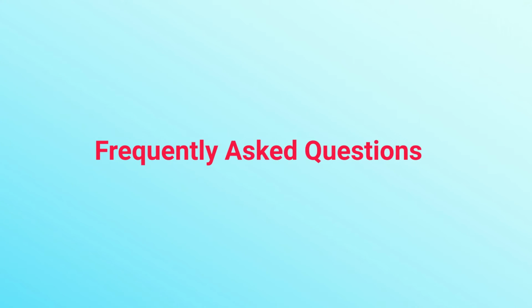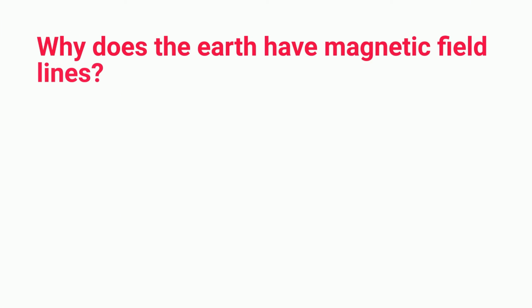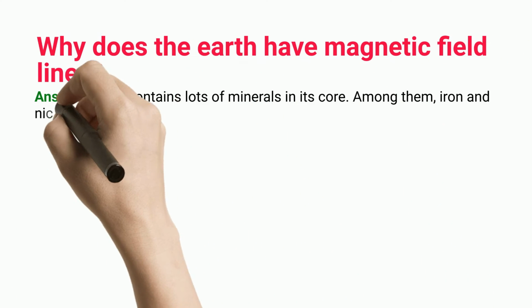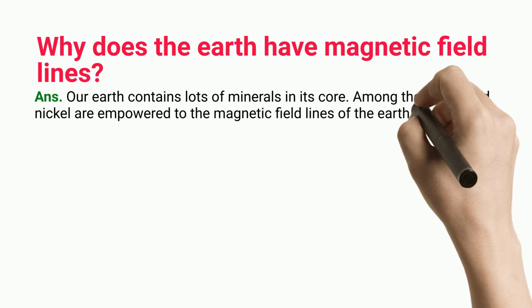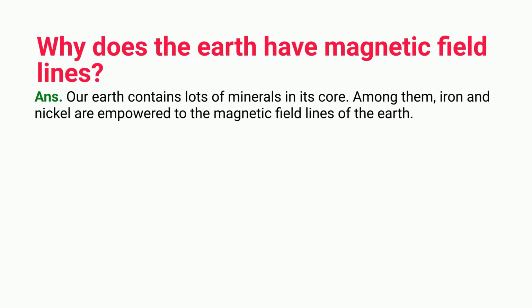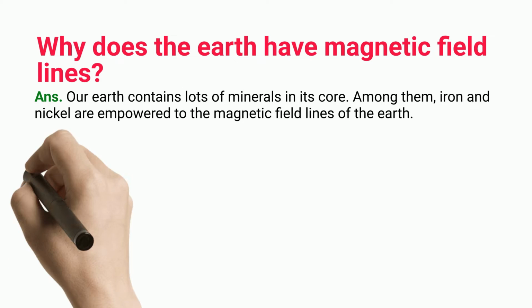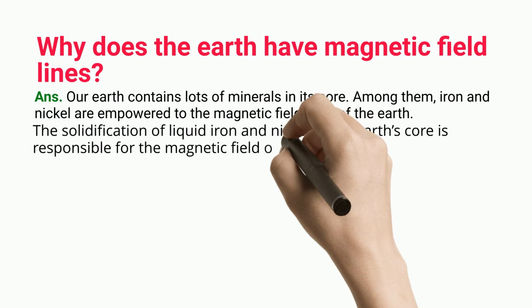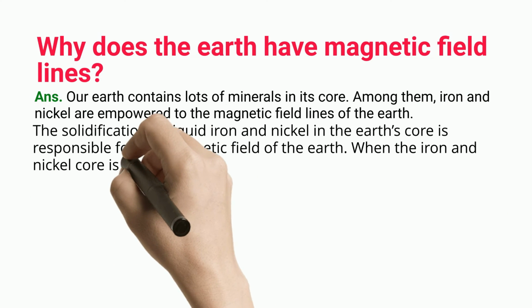Frequently asked questions. Why does the Earth have magnetic field lines? Our Earth contains lots of minerals in its core. Among them, iron and nickel are responsible for the magnetic field lines of the Earth. The solidification of liquid iron and nickel in the Earth's core is responsible for the magnetic field of the Earth.